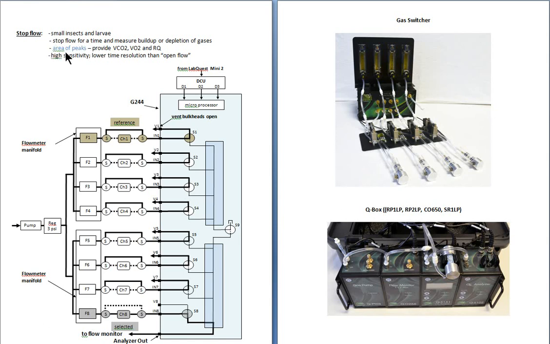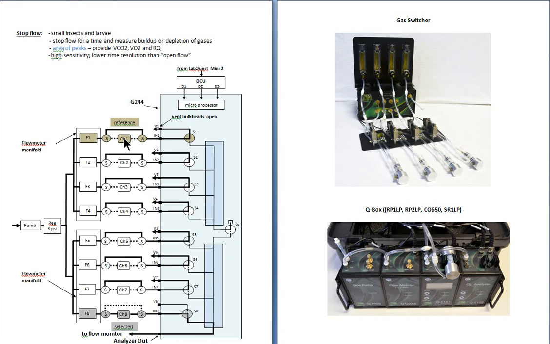It has high sensitivity because you can leave the chamber stopped for as long as you want to let the gases build up. This of course lowers the time resolution because you can't analyze another sample until that stop time is finished.